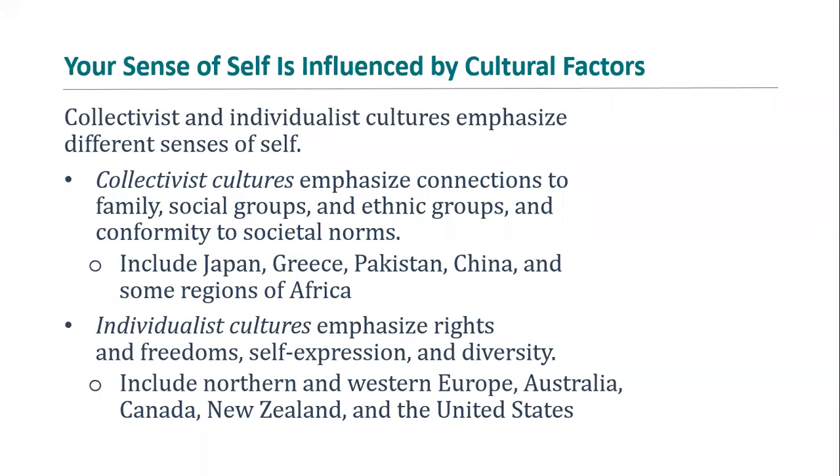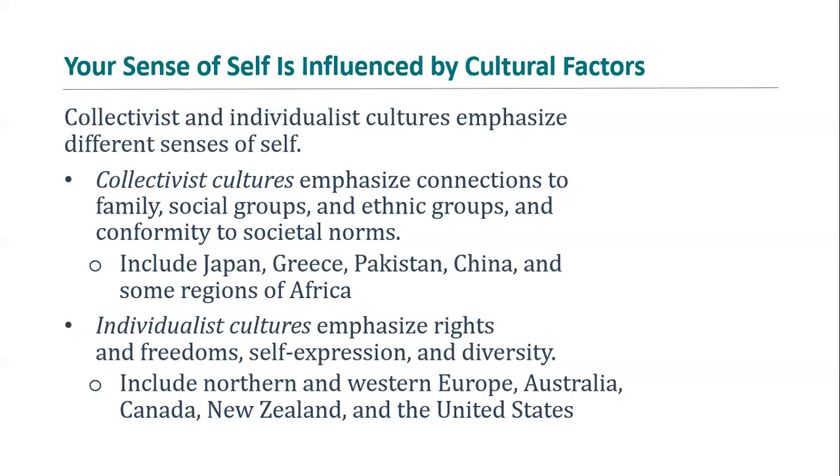And the sense of self is going to differ across cultures, and some aspects are more important to the self than others. In collectivist cultures, the most important elements of a person's sense of self tend to reside in areas where the person's sense of self is connected with others. So being a part of that family group, being a part of a religion, of a political stance is all going to be very important for collectivist cultures.